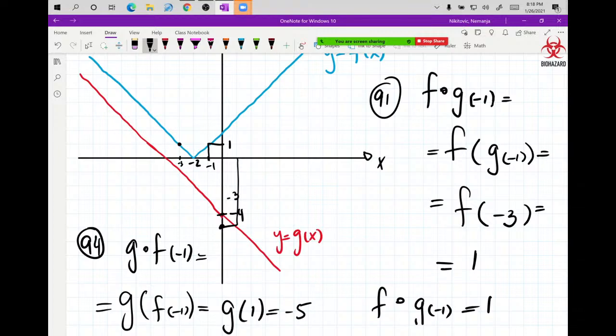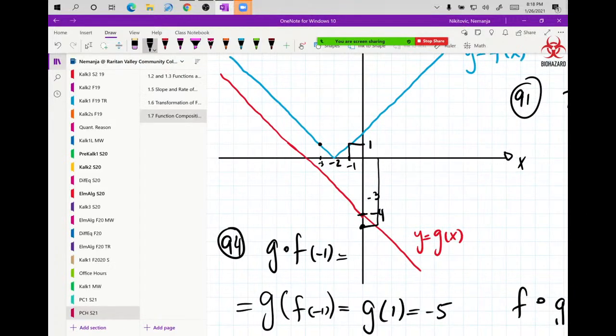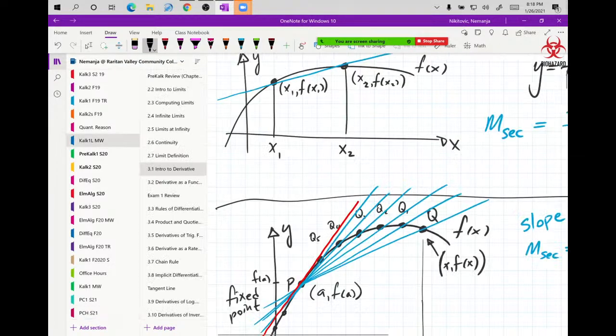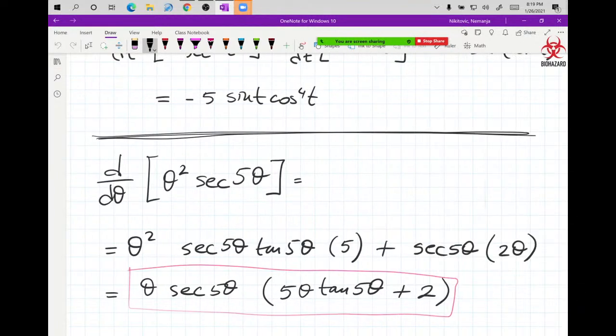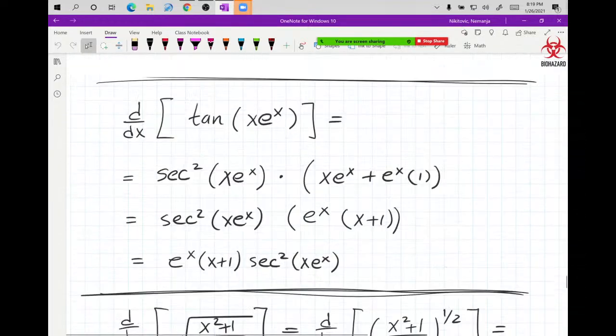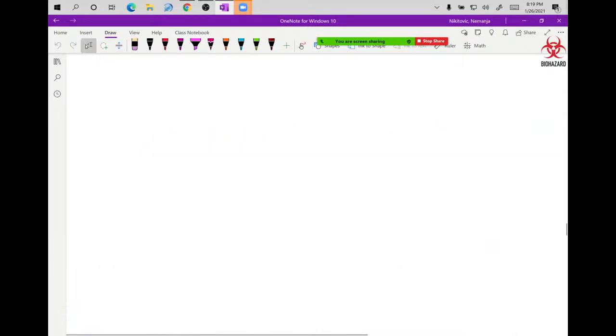Hell no. This is going to be the major pillar for chapter 3 and chapter 4 of Calculus 1. I have over here the power to travel through time. So when I jump through time, and this is Calculus 1.